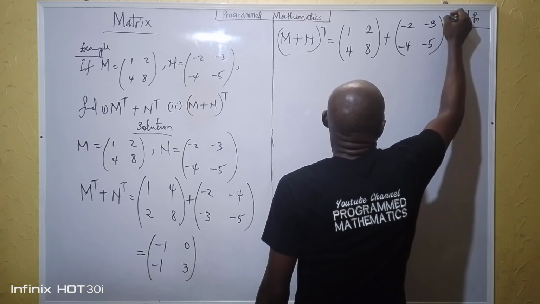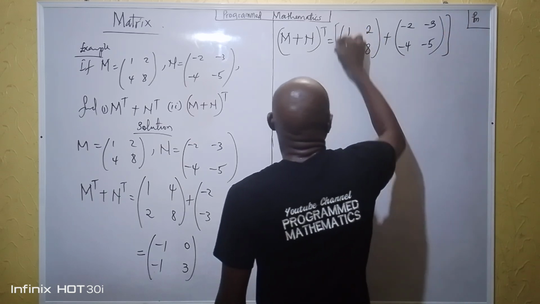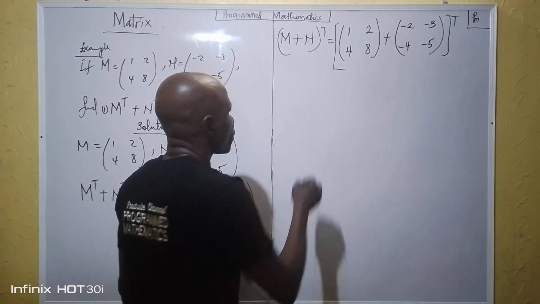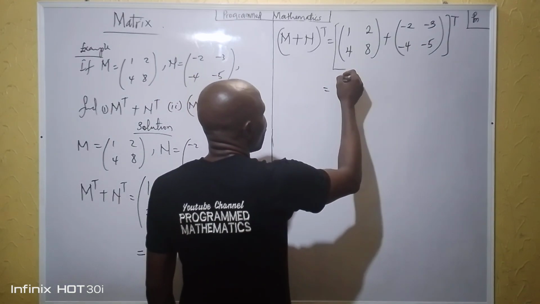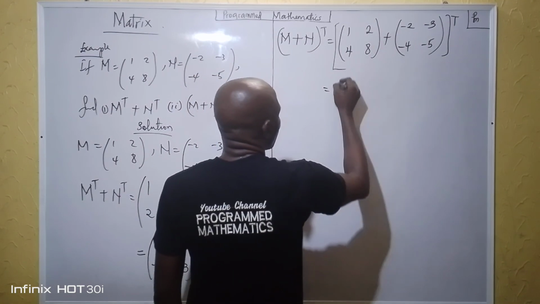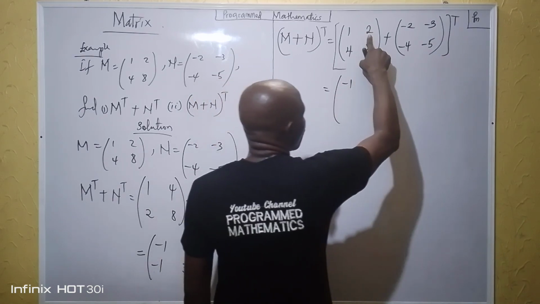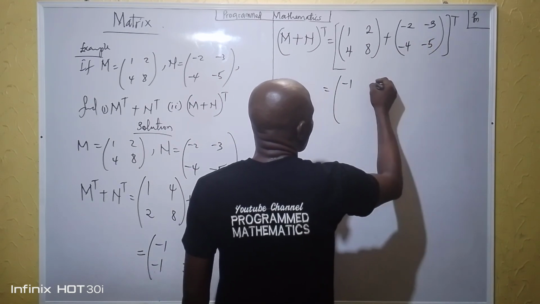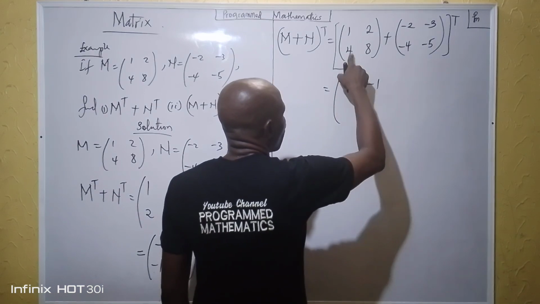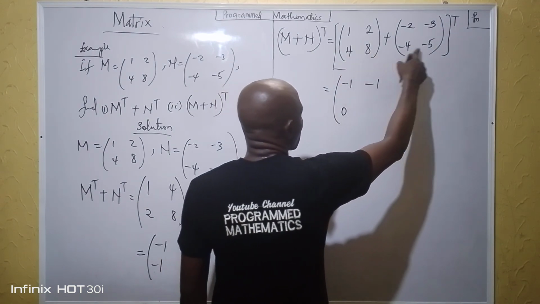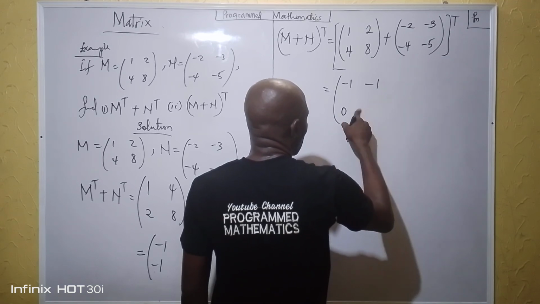We bring this together into one bracket and transpose the result. So 1 plus -2 is -1. 2 plus -3 is -1. 4 plus -4 is 0. 8 plus -5 is 3.